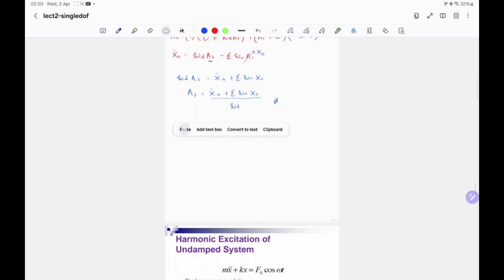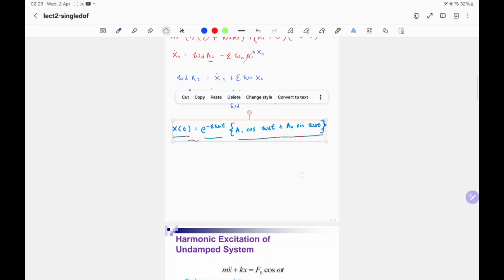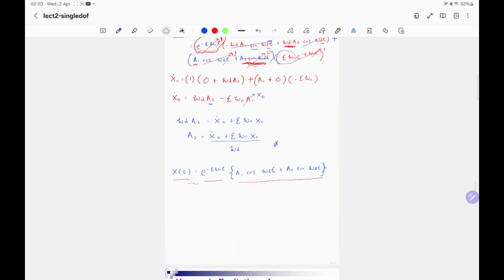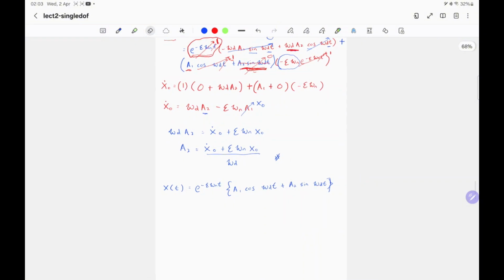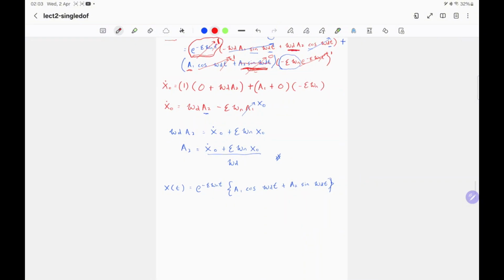Replace a1 and a2 in here, so the equation becomes a1 is x naught and a2 is x dot naught plus zeta omega n x naught over omega d.